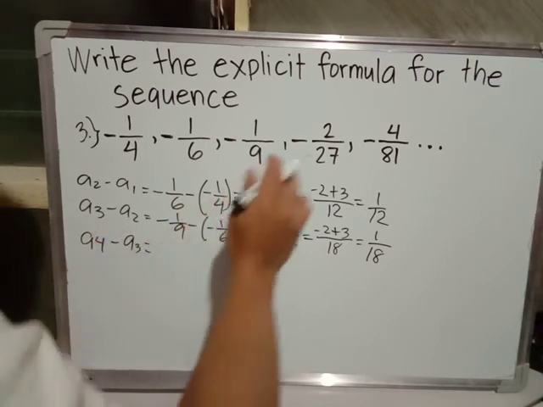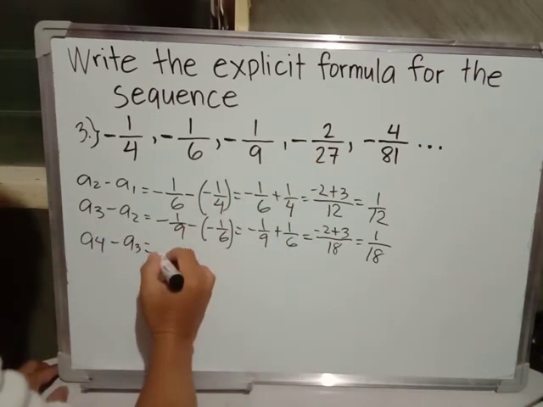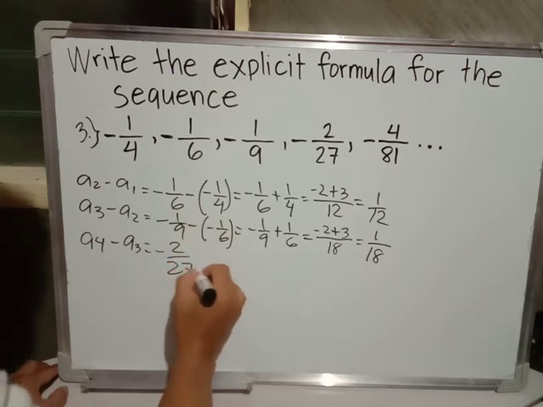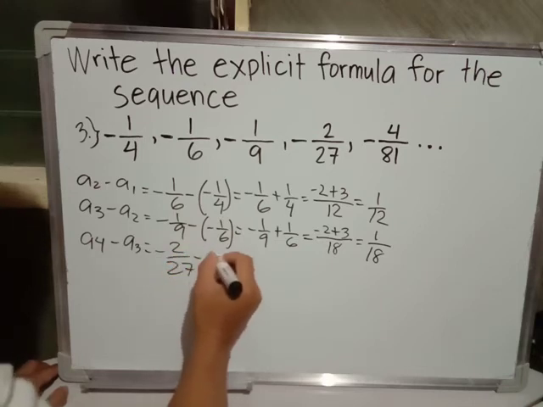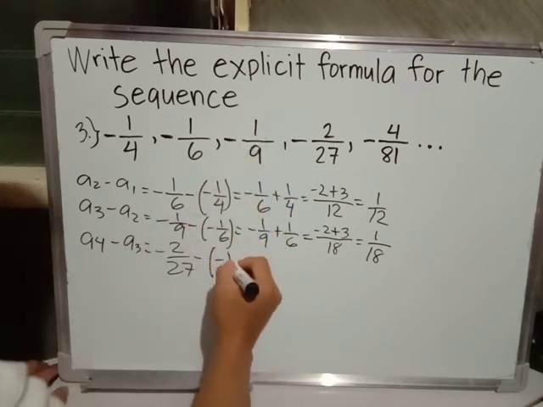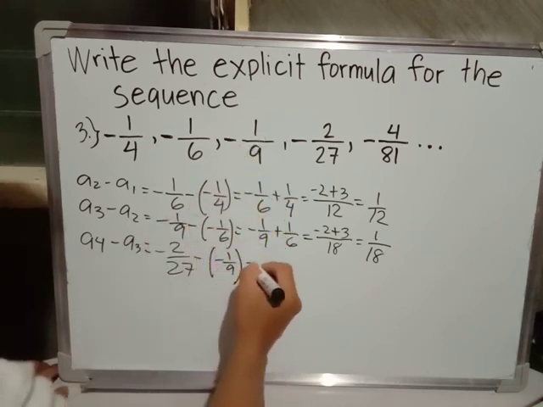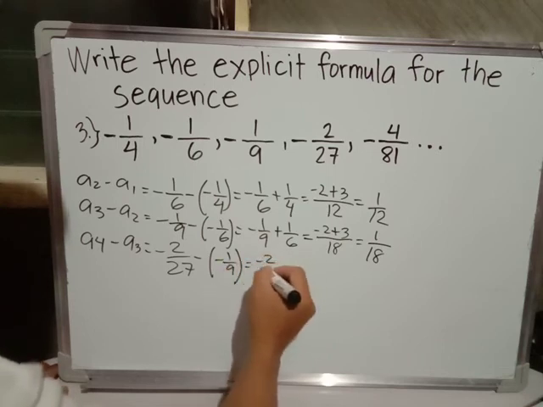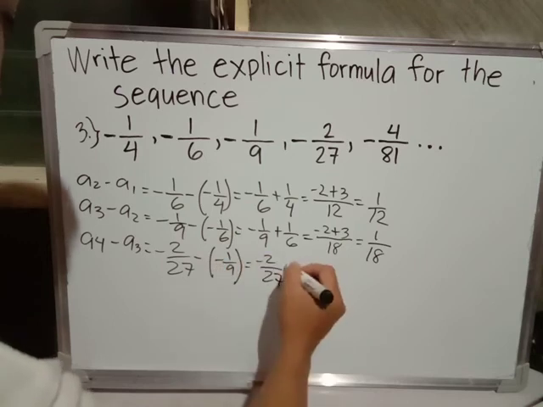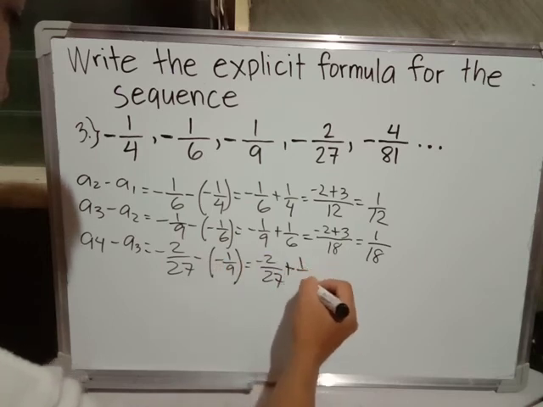Let's try again. E4 is negative 2/27 minus E3, which is negative 1/9. Copying negative 2/27, negative times negative plus 1/9.